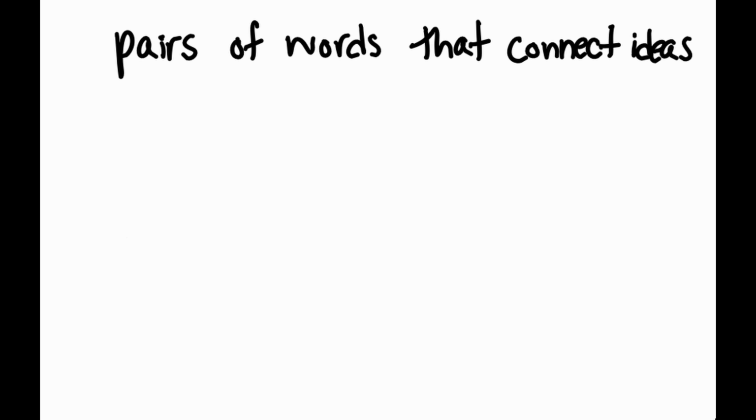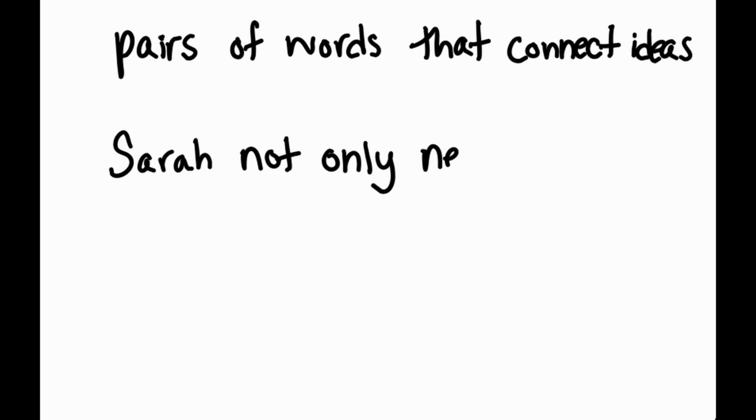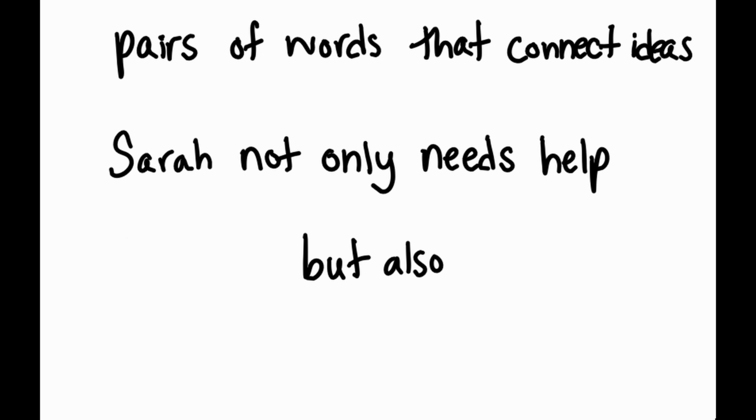So the wrong way of using a pair would be: Sarah not only needs help, but also money. So Sarah needs some assistance. This is wrong. Why is it wrong? Because we use not only to describe needs help. Then we have but also, and we use it to describe money.